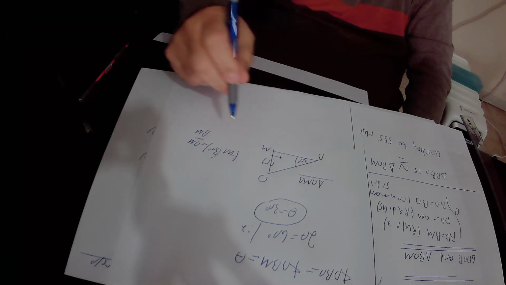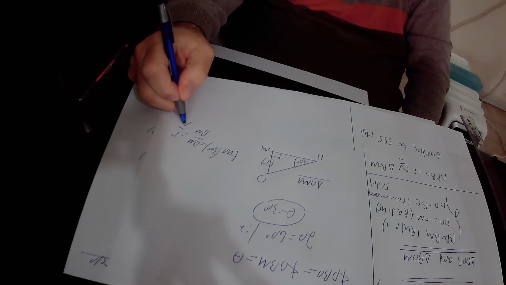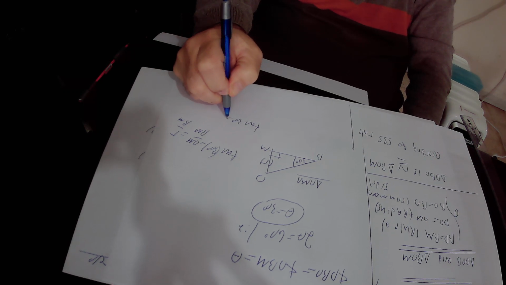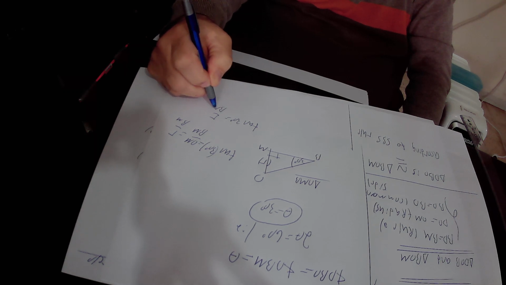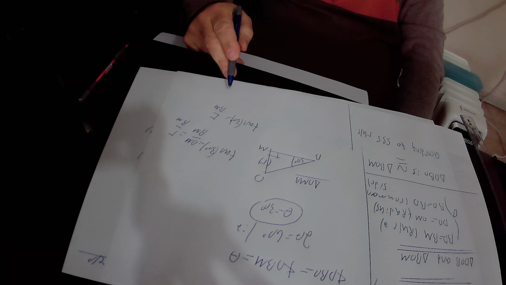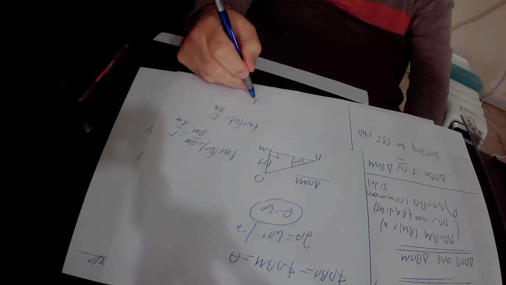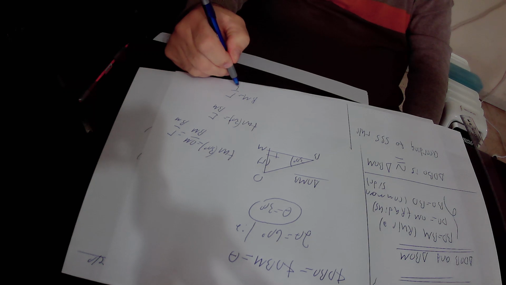OM is R, the radius of the circle, so tangent 30 degrees equals R over BM. We multiply this equation by BM and then divide it by tangent 30 degrees, and we get that BM equals R over tangent 30 degrees.